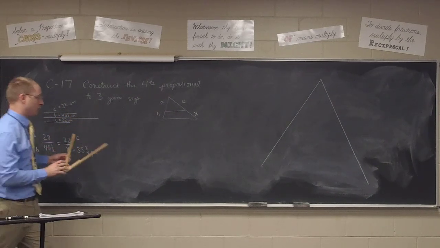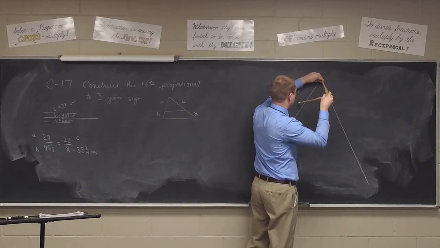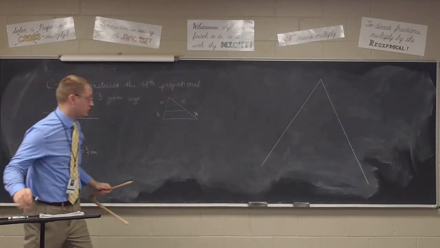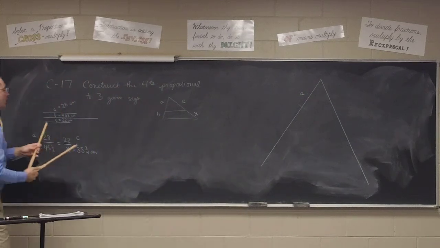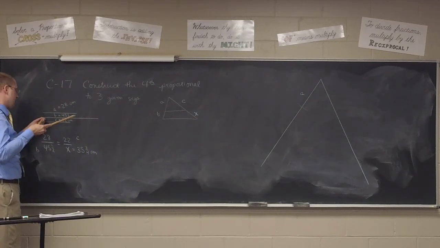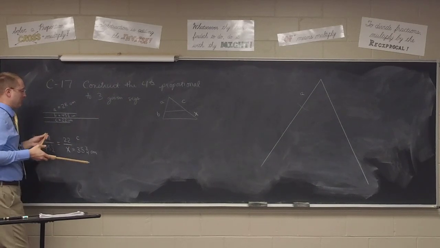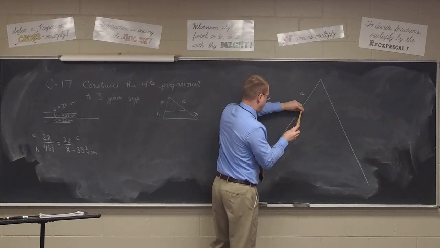So I'm going to measure my first segment. I'm going to come up here to the vertex of the triangle. I'm going to make an arc. I've marked off my first segment, segment A. But I said to mark off the first 2 segments in succession. So now I'll measure segment B. And in succession, meaning where A leaves off, B begins.